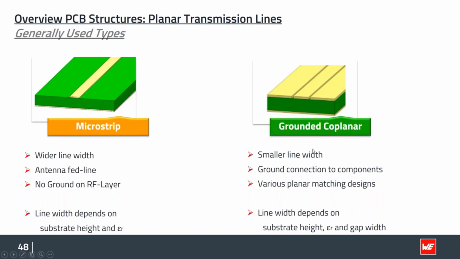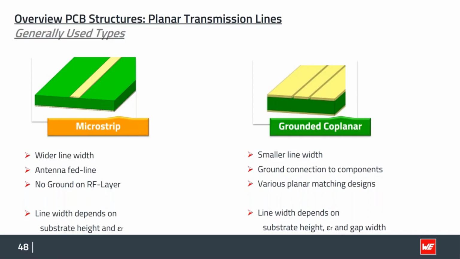For the grounded coplanar waveguide, we have a smaller line width. We have the possibility to do ground connections to components, because we can place them in between the transmission line and ground directly on the surface without needing additional vias.